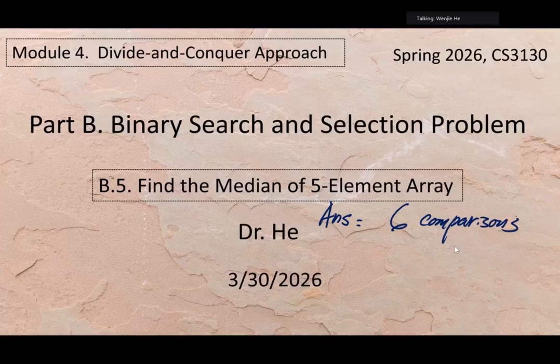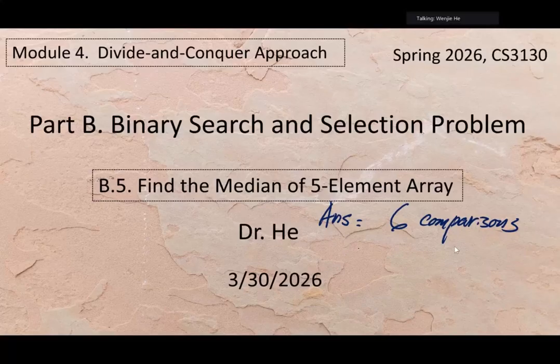Another related problem: remember in part A of module 4, we have 1 question left that we haven't completed. Sort a 5-element array. We need to complete it soon.